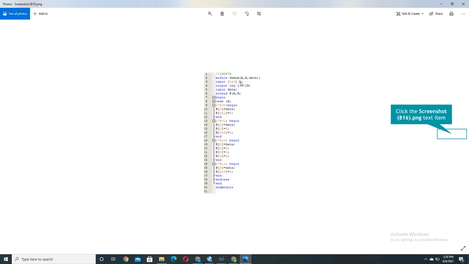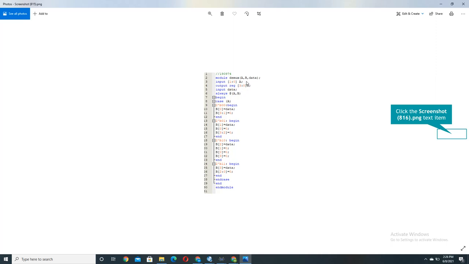There might be two input selection lines. These are the selection lines, and the input would be data. The output would be a reg variable, and it would be 4-bit.